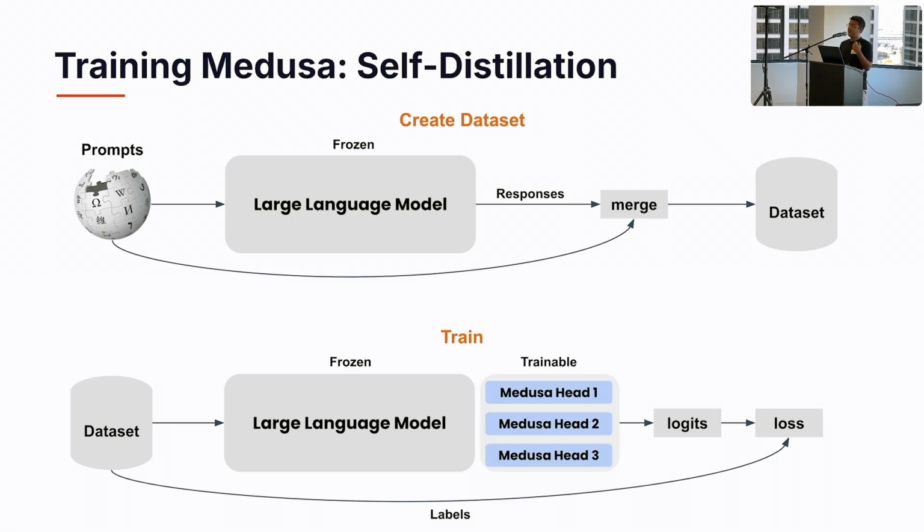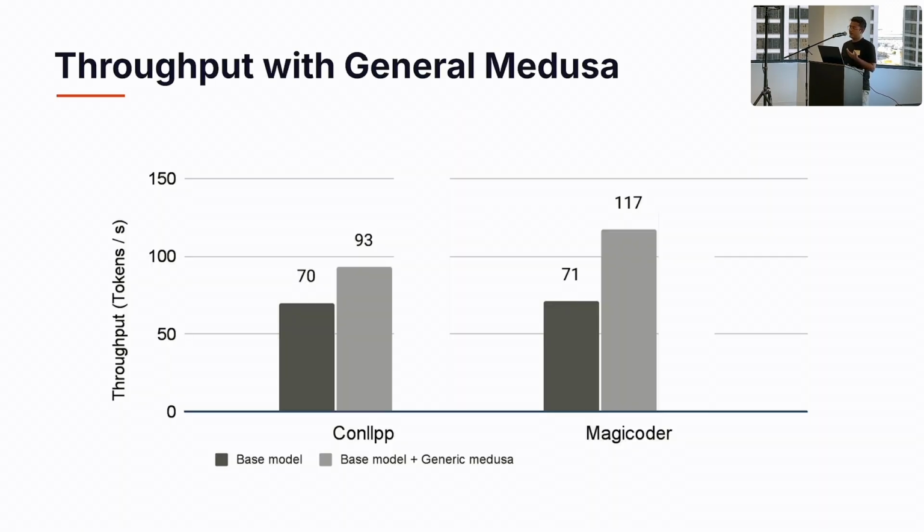And in terms of performance, it's quite cool. Let me explain some terminology here. You're going to see this term called general Medusa. It's just the idea that if I take a general purpose chat data set and train my Medusa to speculate, and then I serve it even on task-specific data sets, there's a pretty significant lift in throughput. On the left side, about 30%, on the right side, maybe about 50%, which is pretty significant, assuming you have enough data to fine-tune, which is really important.